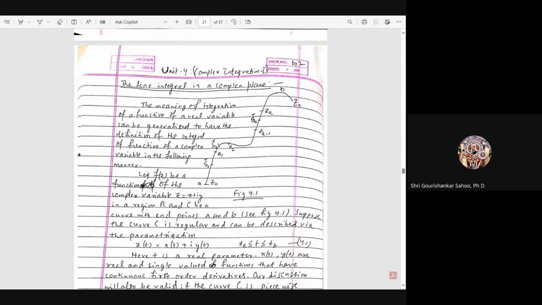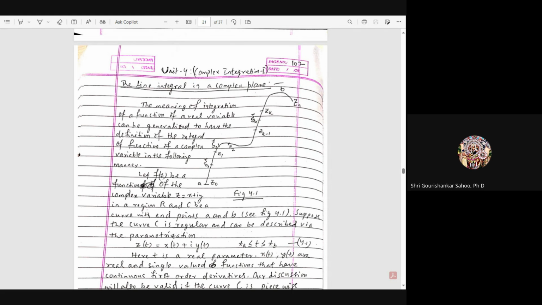So in figure 4.1, there is a path, and in the path you come across different points: Z0, Z1, Z2, Zk minus 1, Zk, and Zn. And you have Zeta 1, Zeta 2, Zeta k, so on and so forth. And this is a line. So let us discuss line integral in a complex plane.